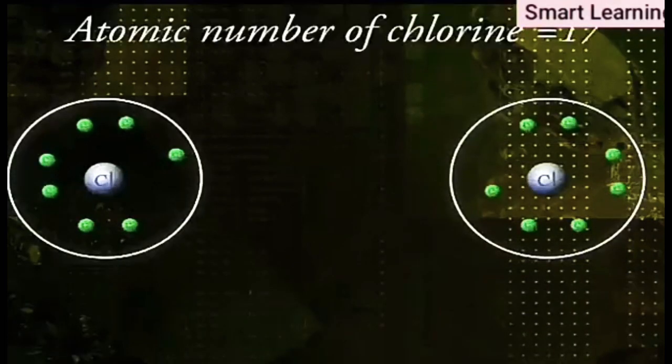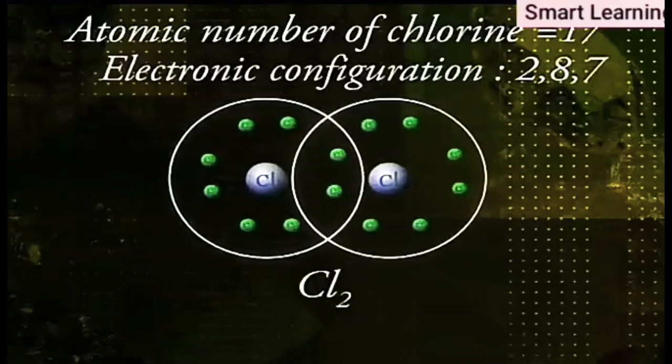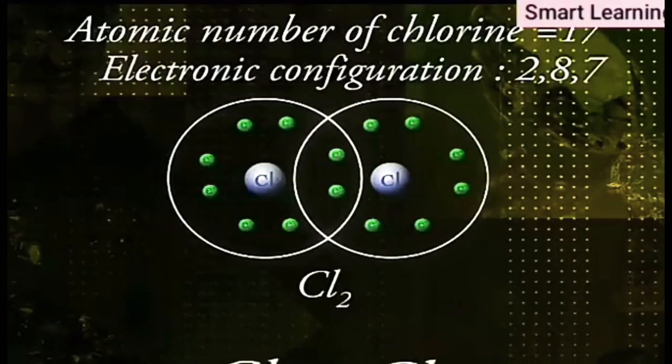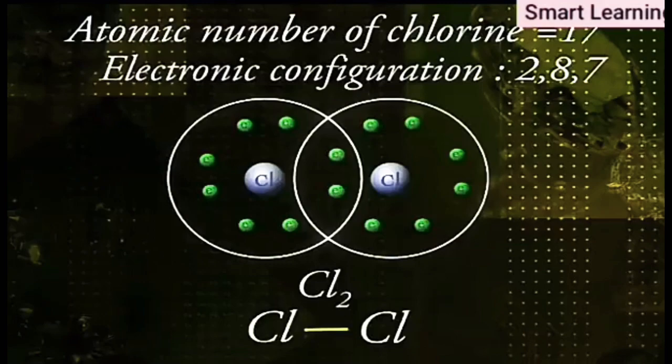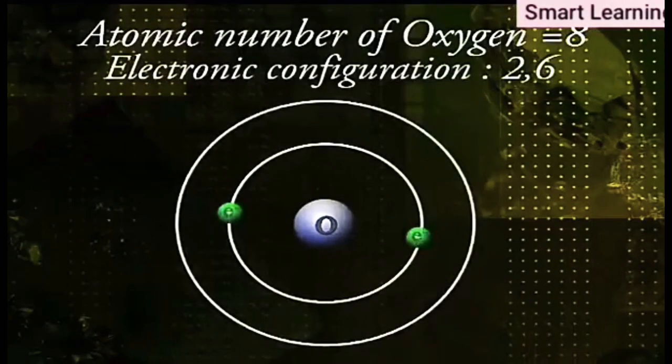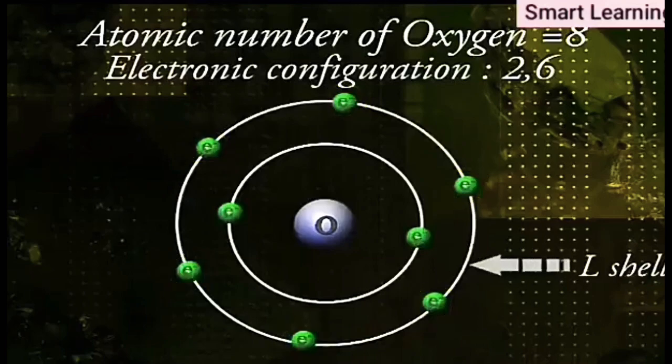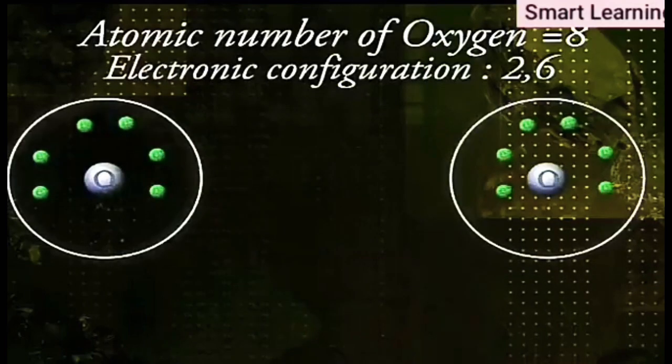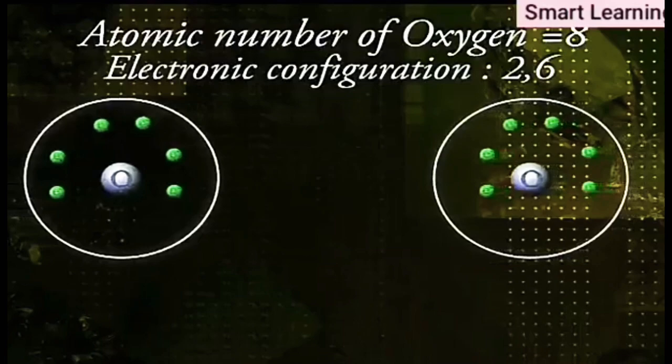Similar is the bonding in chlorine molecule. A single bond is represented by a line between the 2 atoms. Oxygen has 6 valence electrons, that is, 6 electrons in its L shell. So, it requires 2 more electrons to complete its octet.